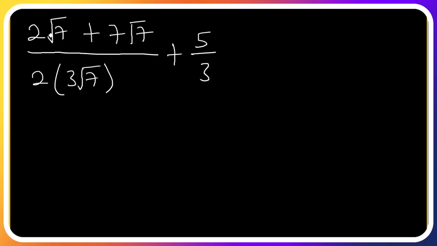So by the addition property of surds, we have 2 root 7 plus 7 root 7. Since they all have a similar surd, we can add up the rational numbers, which are 2 and 7.